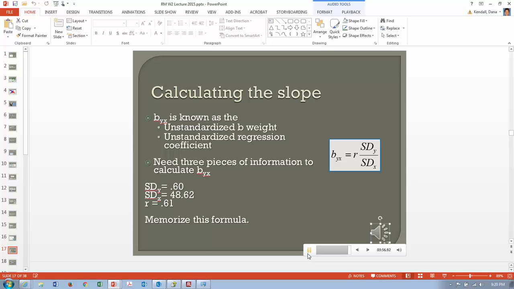It would be, as we move one point up in GPA, what happens to GRE? That's a different question, so it's a different b weight. You can calculate the b weight with x and y reversed just to see what happens. So go ahead and play with this formula, play with the numbers, and become really comfortable with the formula and the concepts.